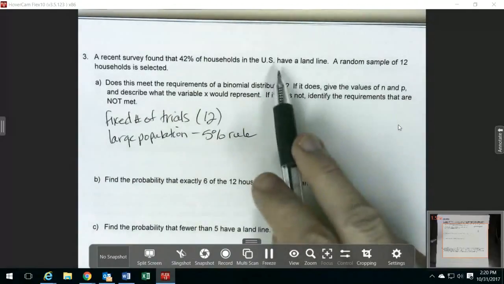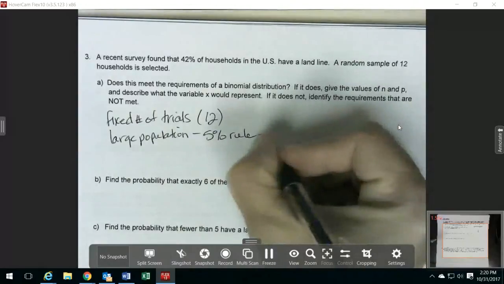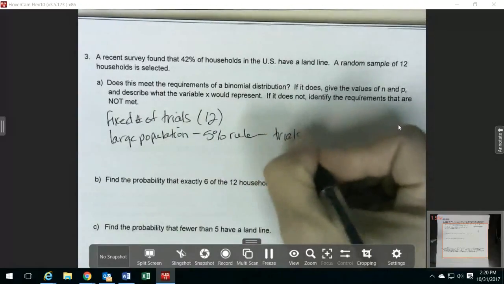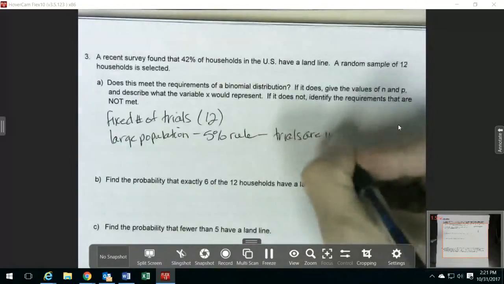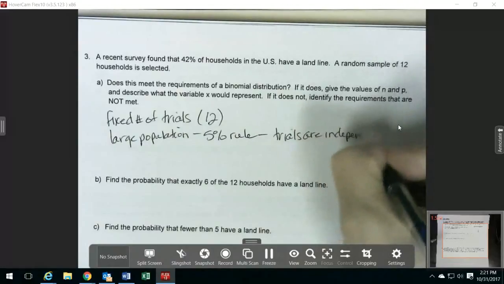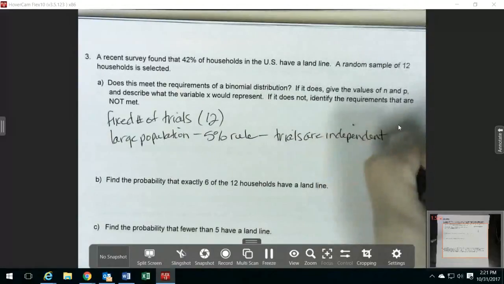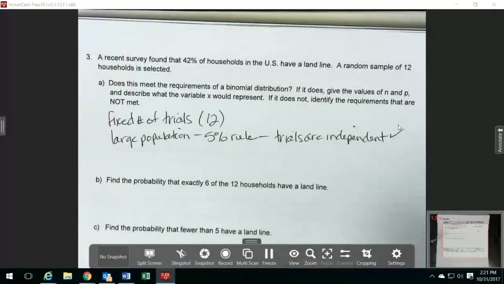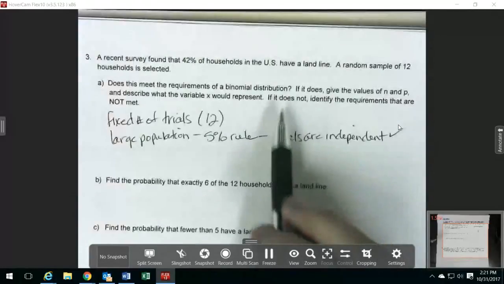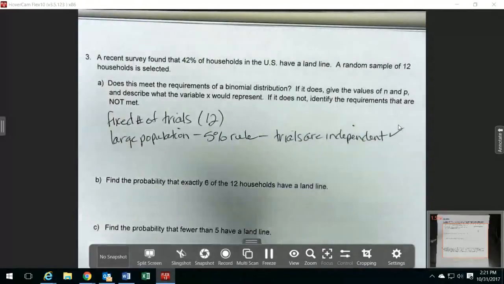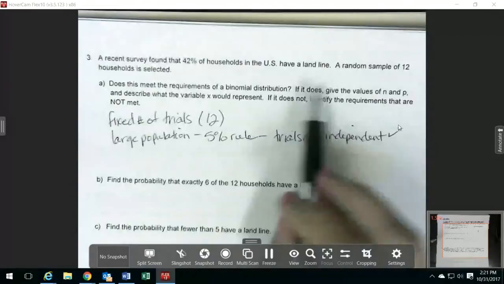It's definitely going to be less than 5% in this case. So the trials are independent. So that's true.